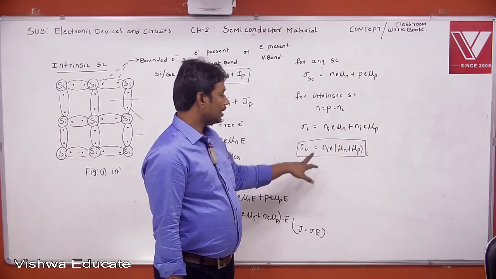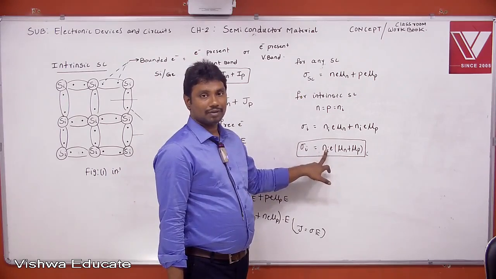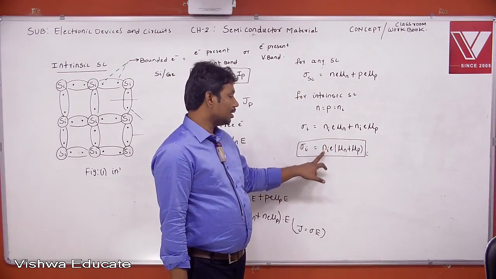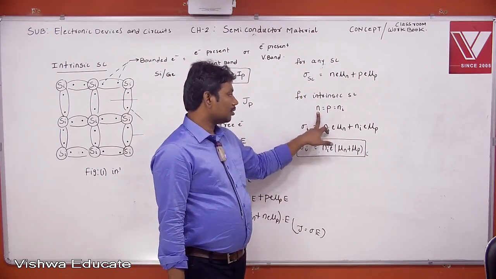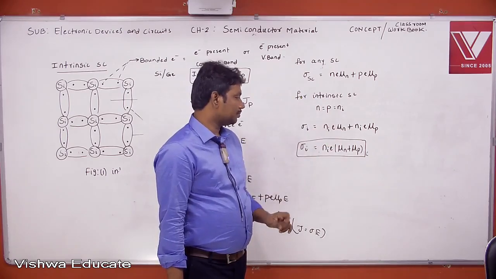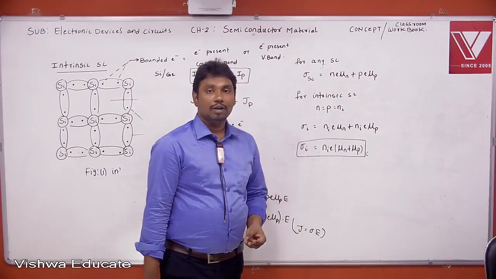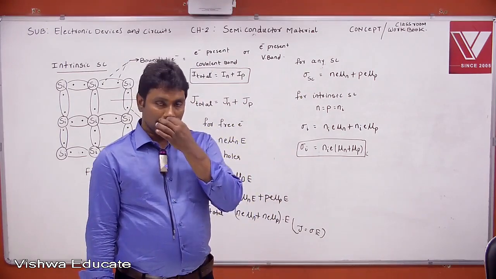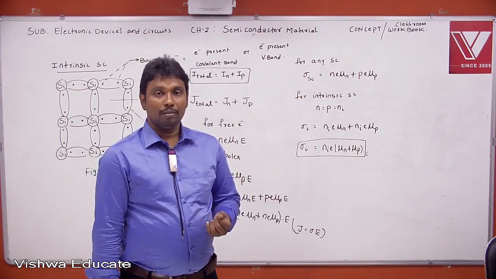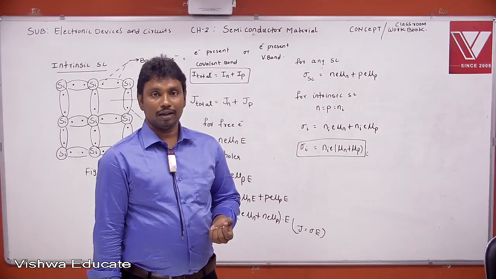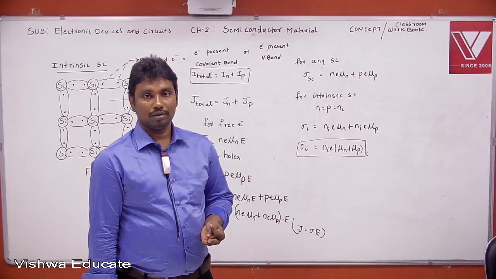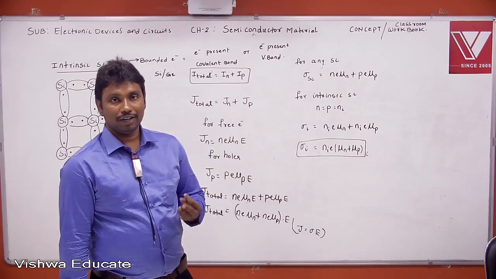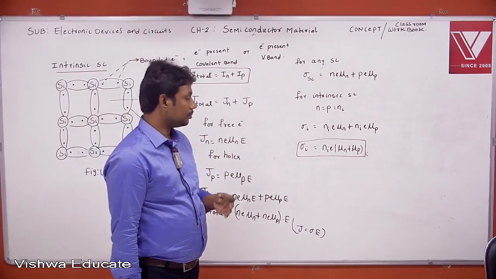Intrinsic concentration is nothing but the free electron concentration or hole concentration. Next, mu n and mu p are the mobility of free electron and hole.